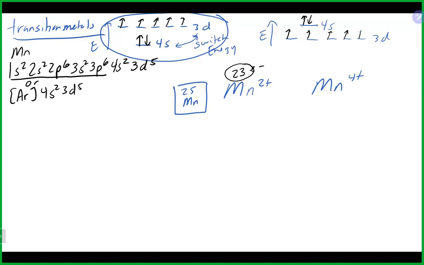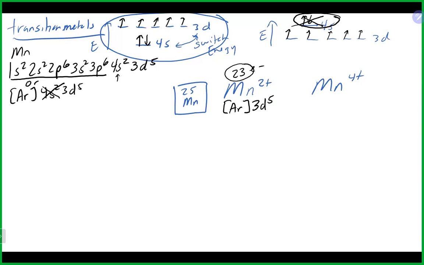So the first electrons, the 2 that we should lose, are going to once again be our 4s. Again, going to lose those first. So those will go away, and that will leave us in a configuration, if we did the shorthand, argon 3d5. Any questions there? The full configuration is 1s2, 2s2, 2p6, 3s2, 3p6, 3d5. So basically just take that out of the configuration and you will have the proper one for that.